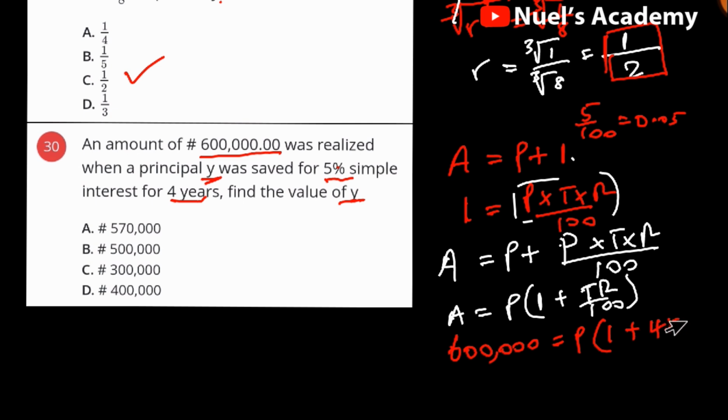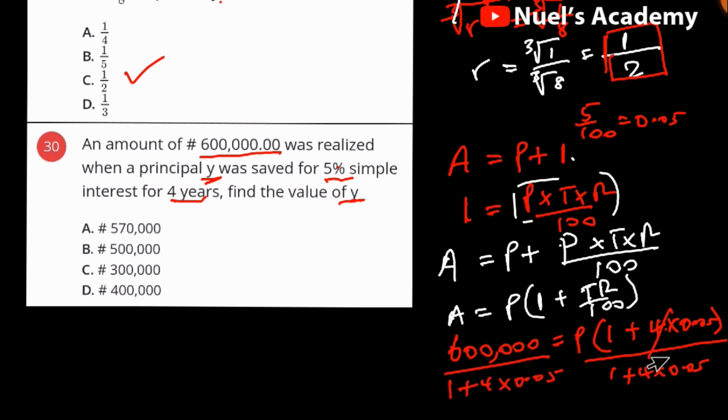So 4 times 0.05 here. Let's divide both sides by 1 plus 4 times 0.05.